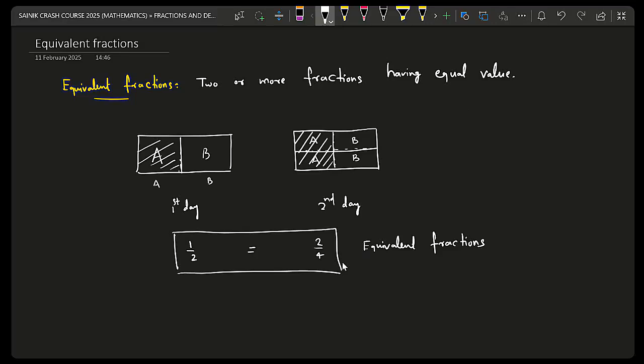Now the question is, how can we create equivalent fractions?